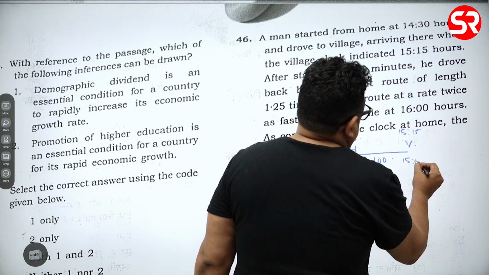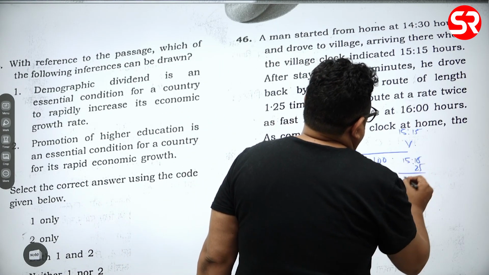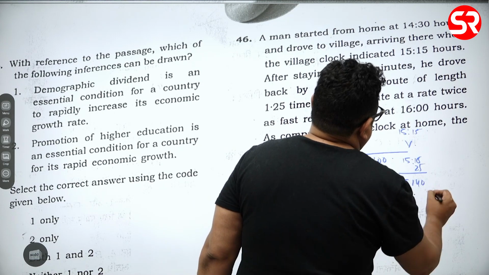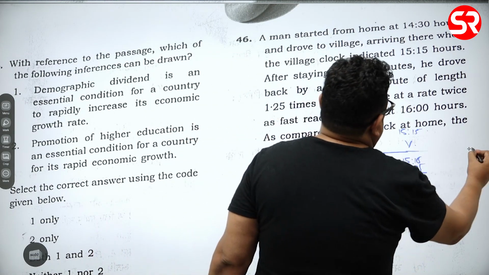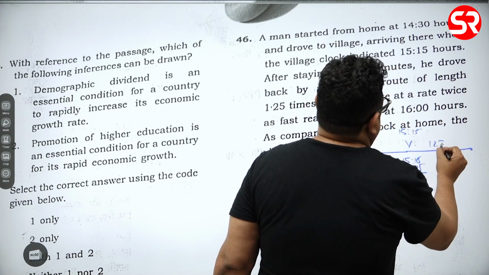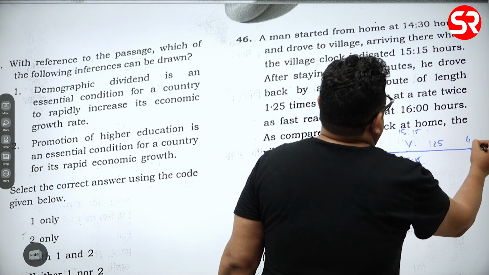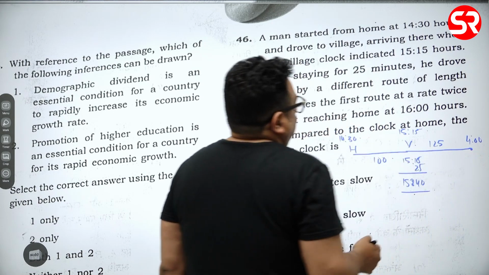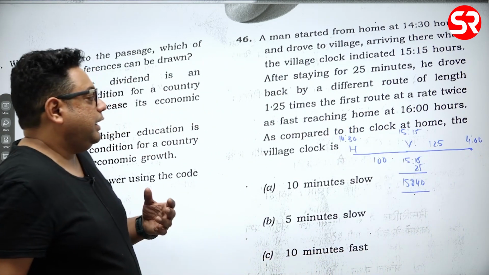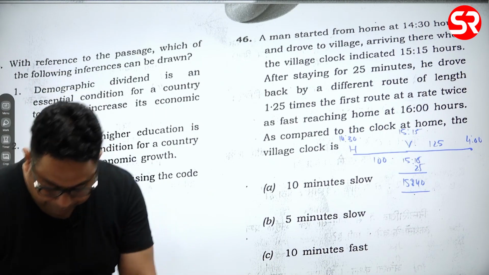So 15:15 plus 25 is 15:40. Then he goes back by a different route, which is now 125, and reaches at 16:00, which is 4, isn't it?